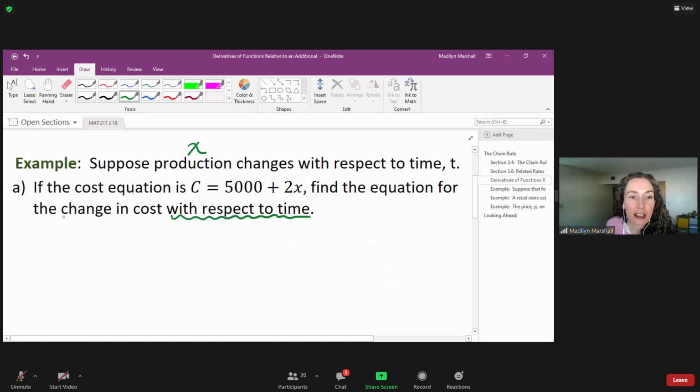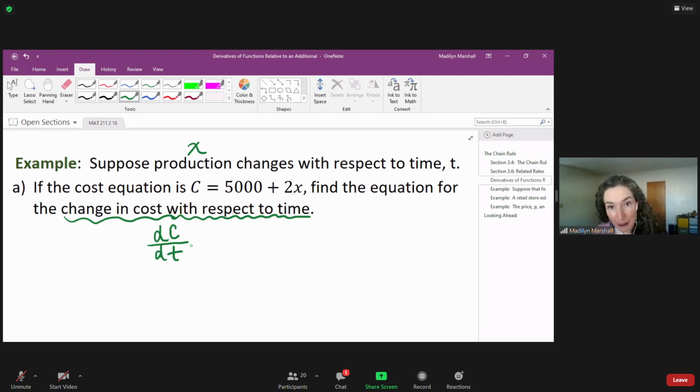So the change in cost with respect to time in calculus notation is going to be dc dt. If we just write c prime, that means marginal cost, which is the derivative with respect to x. But we don't want that anymore. We're taking the derivative with respect to time, the change in cost with respect to time.